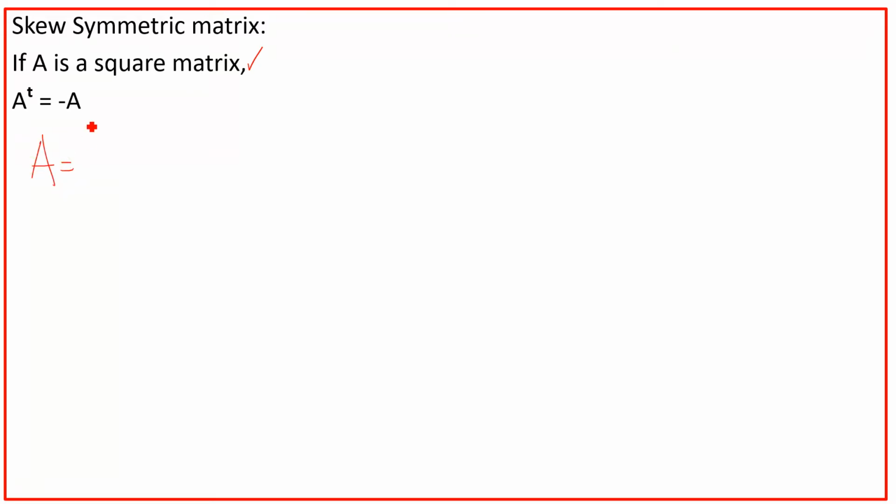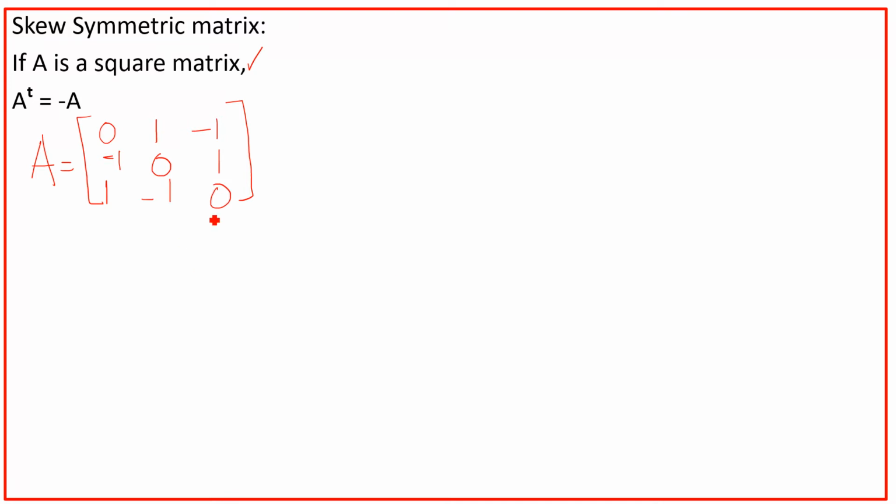A is equal to, here I am using the same letter for matrix, but in the next few examples I will change it. So you should know that you can have any letter. 0 and this minus 1, 0, 1. This is, suppose, 1, minus 1, 0.